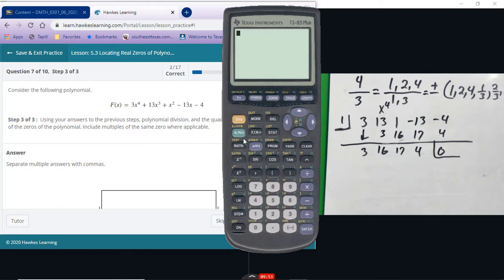So let's graph this. 3x to the 4th plus 13x to the 3rd plus x squared minus 13x minus 4. Alright, so let's graph it.